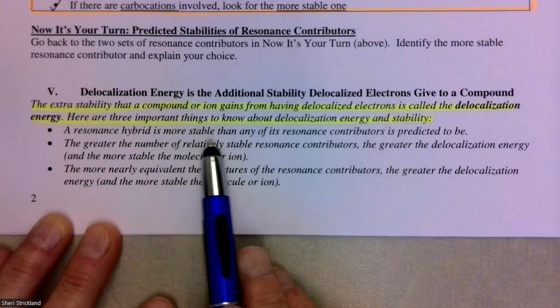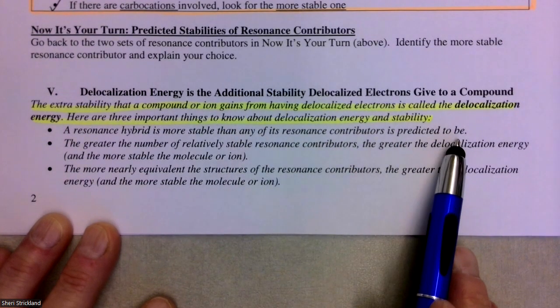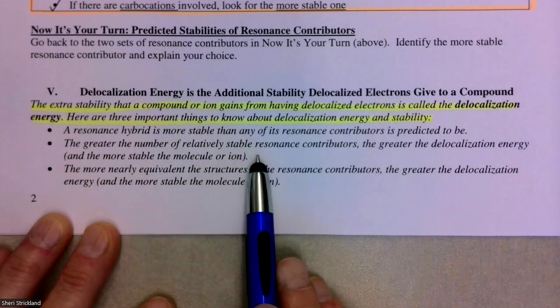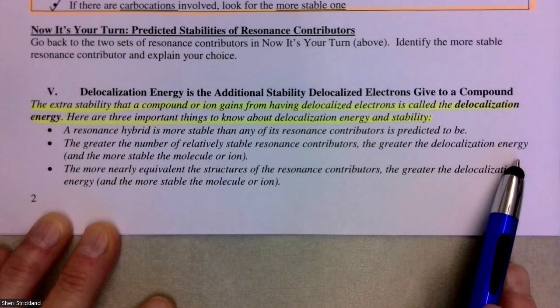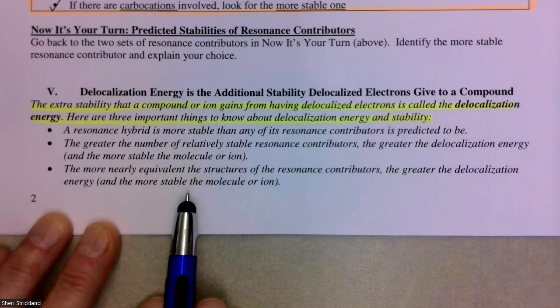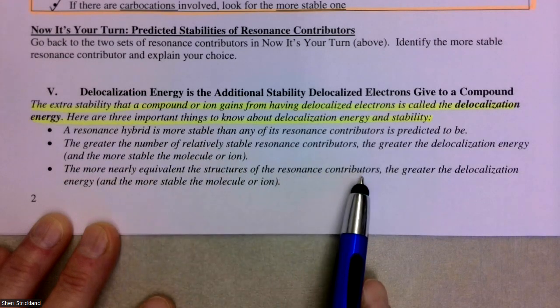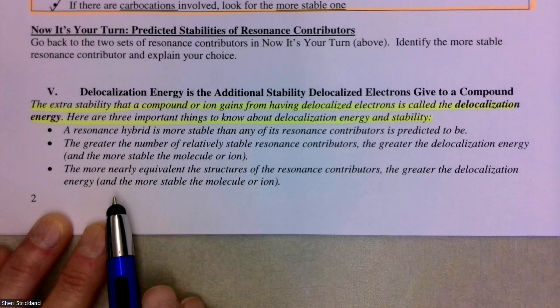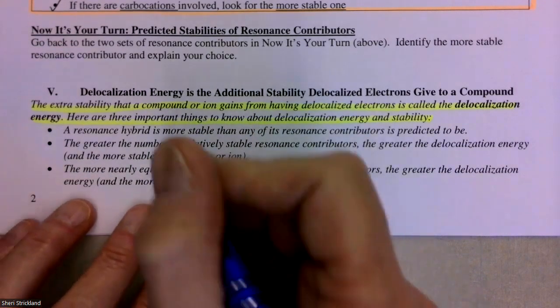A resonance hybrid is more stable than any of its resonance contributors would be predicted to be. The greater the number of relatively stable resonance contributors, the greater the delocalization energy, and the more stable the molecule or ion will turn out to be experimentally. And the more nearly equivalent the structures of these resonance contributors, the greater the delocalization energy and the more stable the molecule or ion will be.